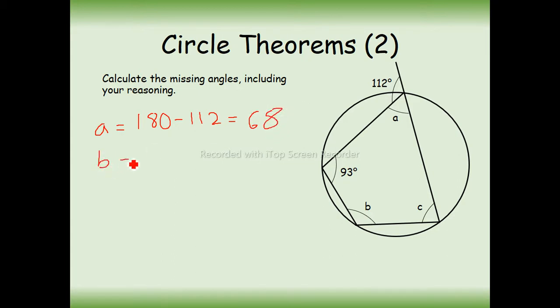B would be the same, 68. Why? We saw this theorem before. Correct. The opposite. Interior angles for a cyclic quadrilateral are equal. Yeah, opposite. What is C? C is 93. Is it?